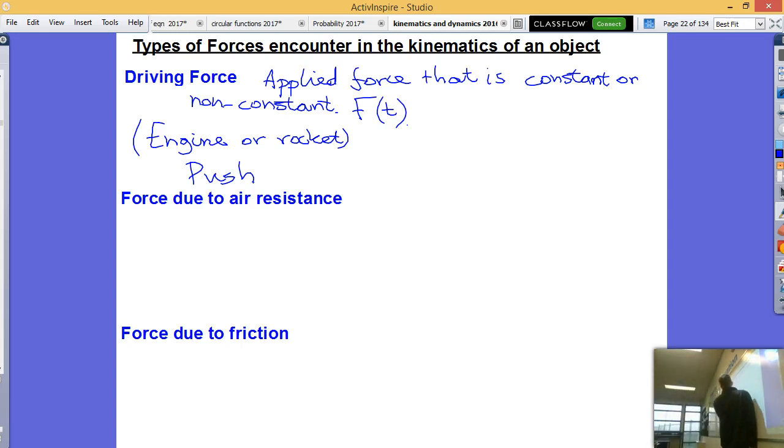Force due to air resistance. An object that is falling downwards, that is accelerating, experiences an air resistance that is opposing the direction of motion.